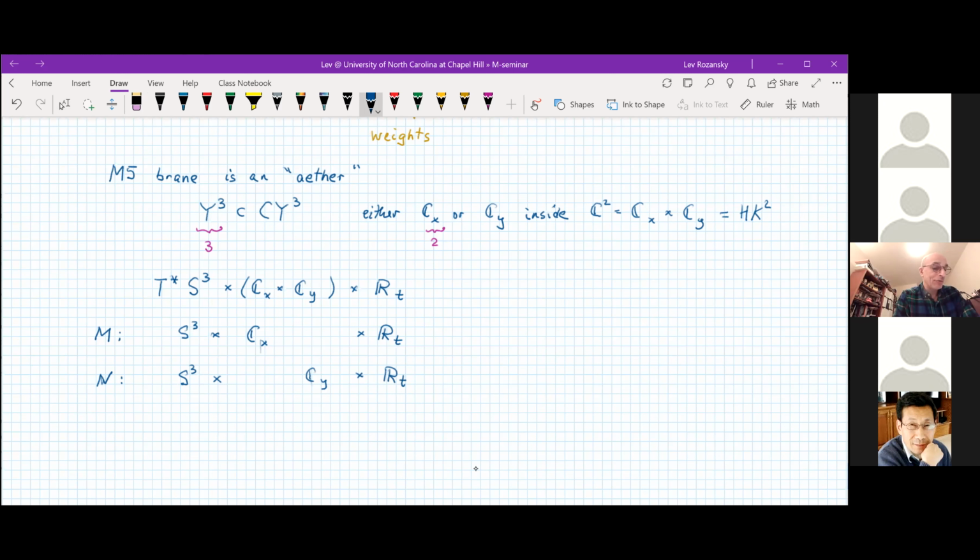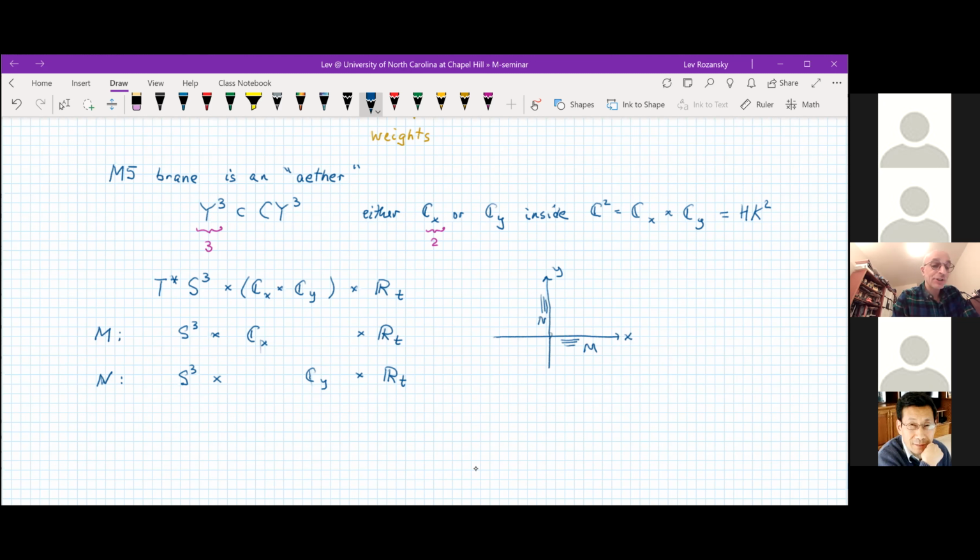From the point of view of 5-dimensional theory, you have a 4-dimensional space, that's our C2, in which now you have these defects. So you have X and you have Y, the coordinates on C's, and you have M defects here, and you have N defects there.